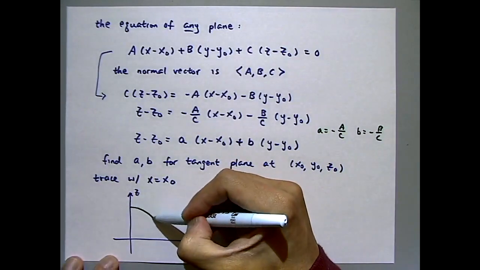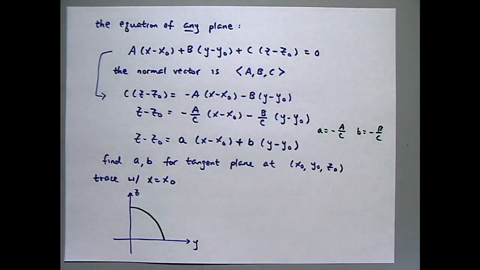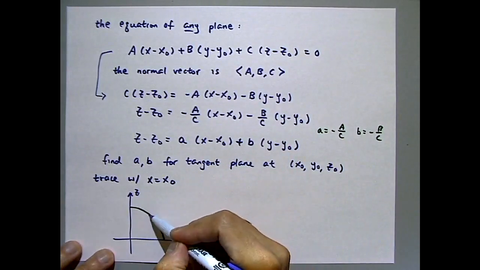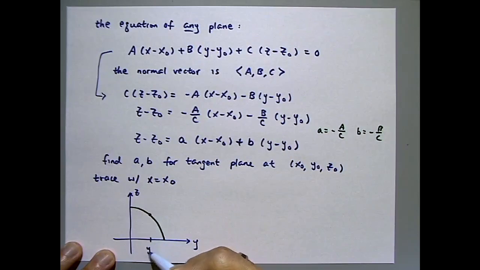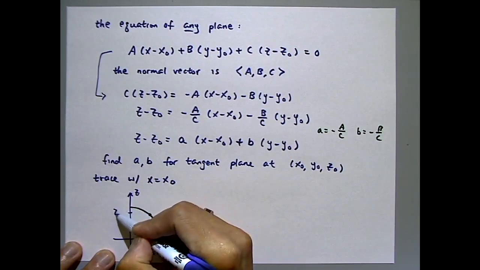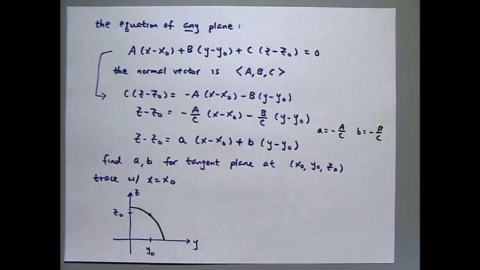So this is what I see. That's that particular trace. And there's the point x0, y0, z0.